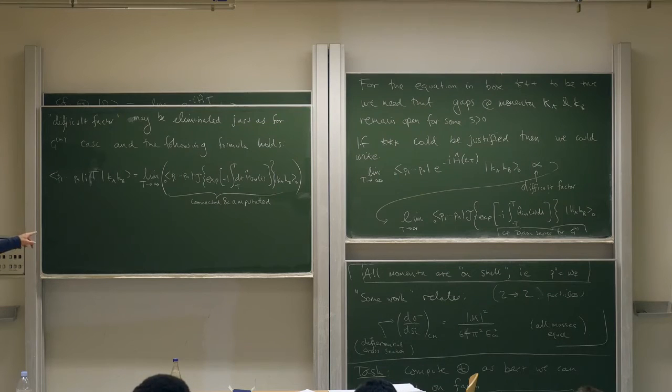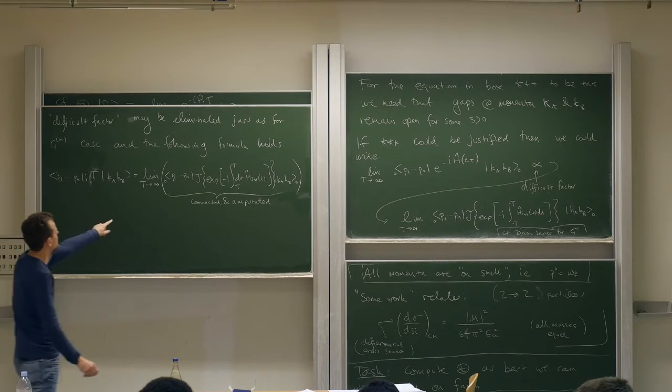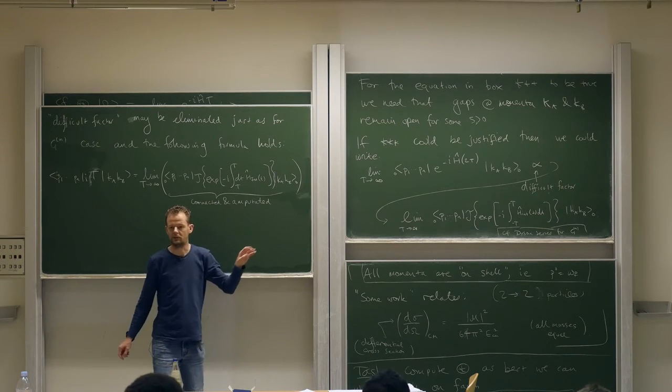There's a piece of notation that I've introduced here that's going to take a lot of explaining. So this will take this lecture and probably part of the next lecture to explain what this criteria of connected and amputated means.